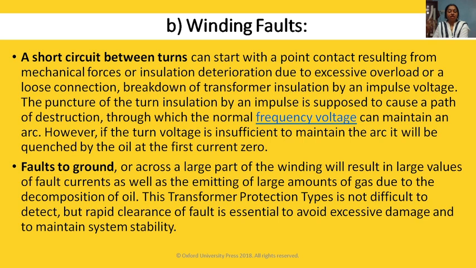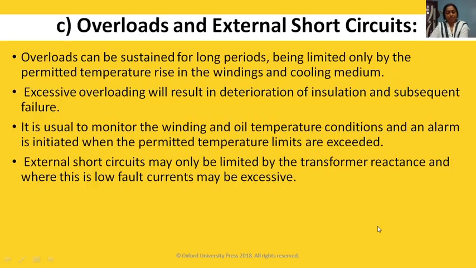Heat will be generated in the transformer, and that heat will cause oil to decompose and gas will form. This type of protection is not difficult to detect, but rapid clearance of fault is essential to avoid excessive damage and to maintain system stability. Now third fault is overload and external short circuit.